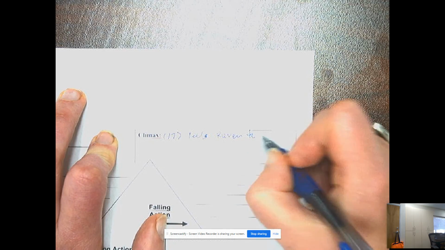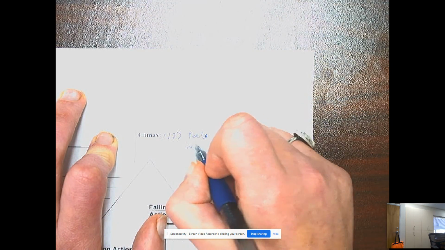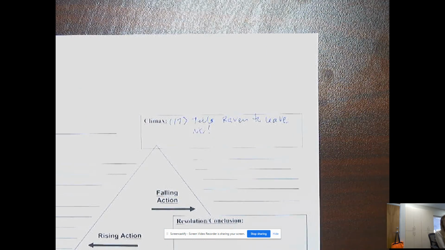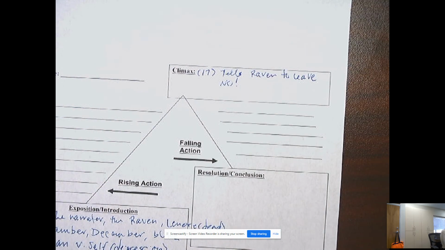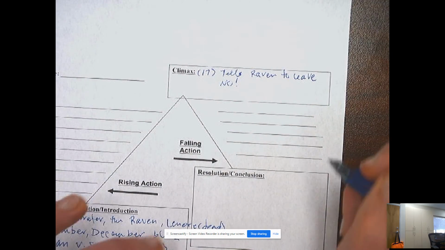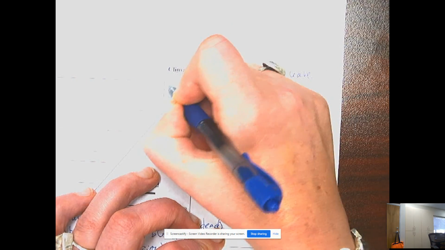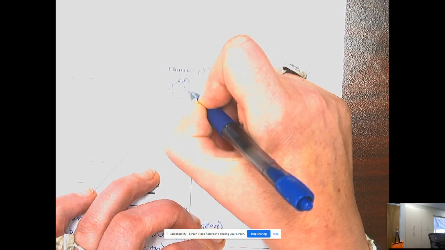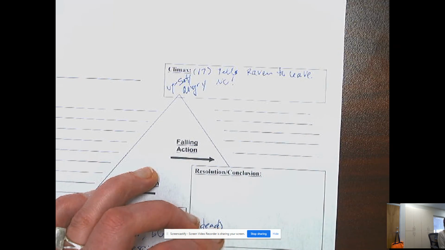He tells the Raven to leave, but the Raven says no, that he will never leave him. And this is the most upset that he is, the most angry. So I think that's why we can argue that this is the climax.